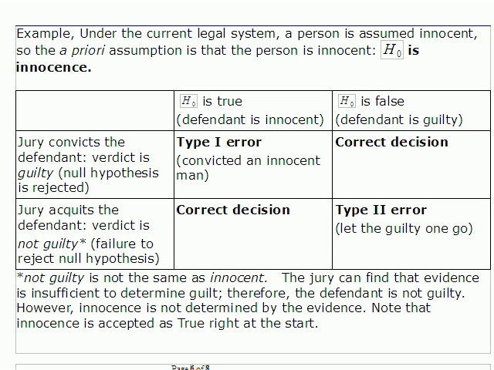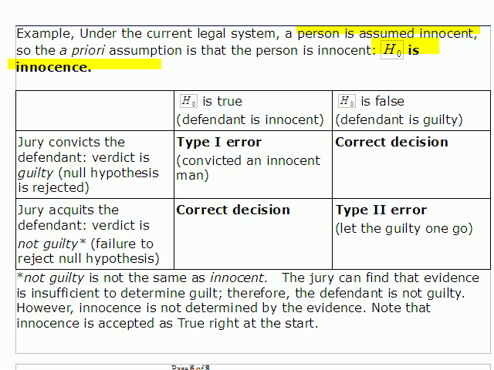So to show these type 1 and type 2 errors, it's common to use a table similar to the contingency tables that we used earlier. Here we're going to use the legal system, and the idea is that a person is either innocent or guilty. First of all, you're assumed to be innocent. So your null hypothesis is that the person is innocent, because that's how we start off legally.